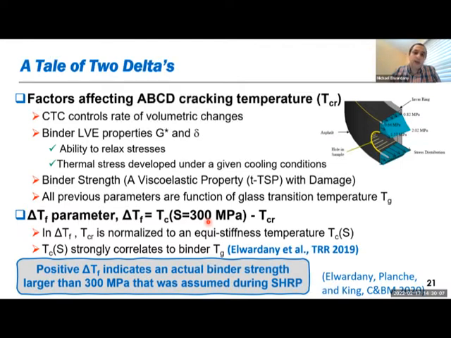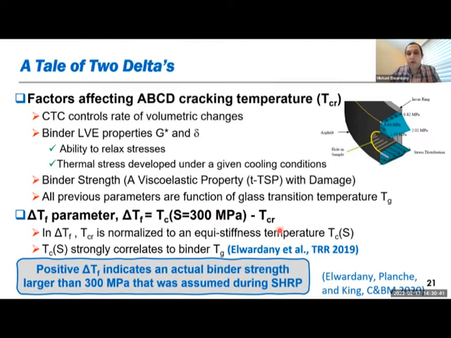That's true. But now we have polymer modified and all various kinds of binders. So we actually capture the real or the actual cracking temperature by this test. And the difference between them, if we have positive delta TF, means the cracking temperature was actually lower than the temperature at stiffness equals 300 megapascal, which means the binder reached this temperature and reached 300 megapascal, but still didn't fail.